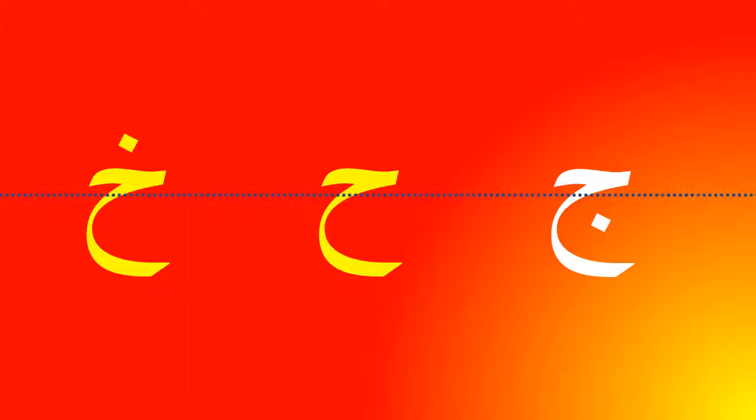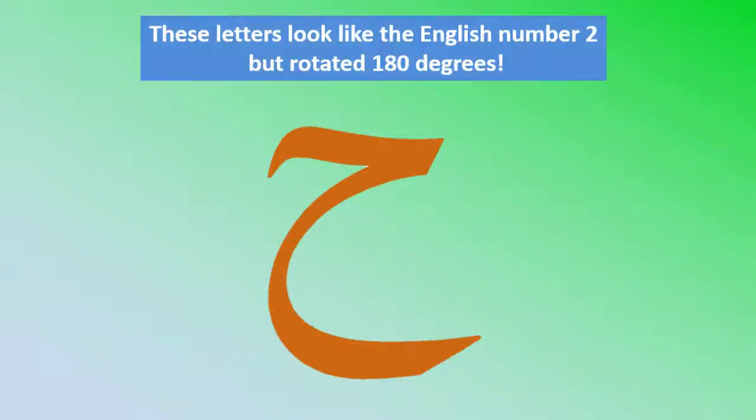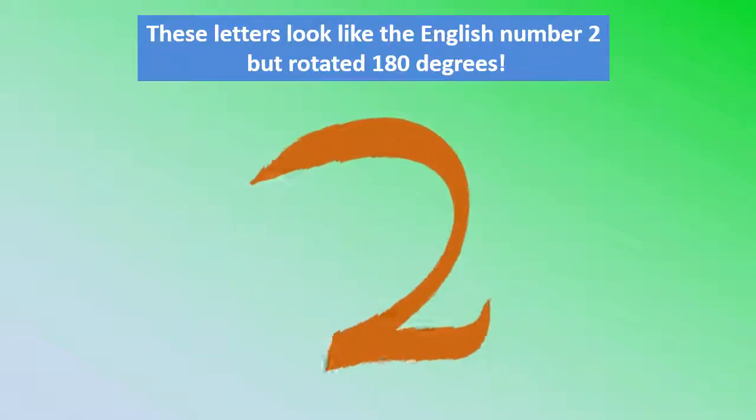Why? These 3 letters look exactly like each other, except for the dots. But the Ha and the Khaa have no equivalent in English. As you can see, these letters look like the English number 2, but rotated 180 degrees.